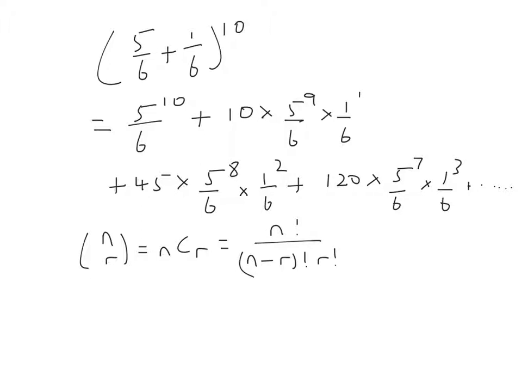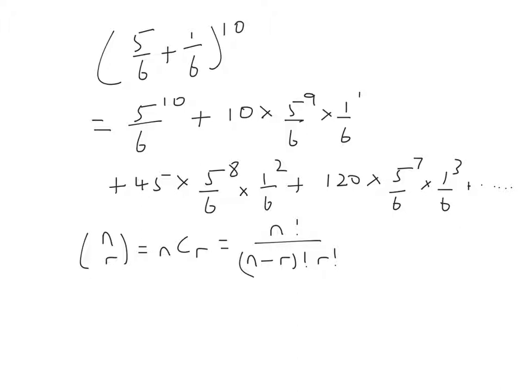Now this binomial coefficient can be considered as the number of ways through a tree diagram, because what we're looking at in this question is how many ways are there through the tree diagram, where we get 8 non-6s and 2 6s. So this is the number of ways of getting 5/6 to the power 8 times 1/6 to the power 2 in this expansion.